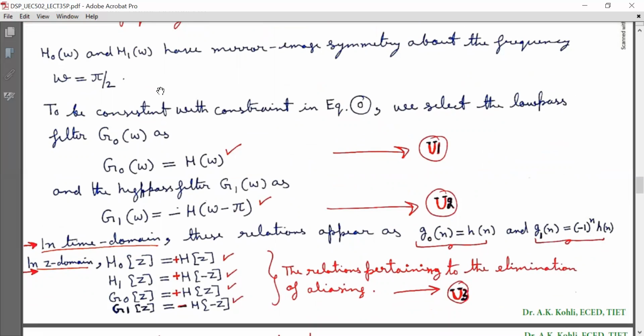To be consistent with the constraint in equation O, we select the low pass filter G0(ω) as G0(ω) is equal to H(ω), mark it as equation U1, and the high pass filter G1(ω) as G1(ω) is equal to minus H(ω − π), mark it as equation U2. In time domain, these relations appear as g0[n] is equal to h[n] and g1[n] is equal to minus 1 raised to power n h[n]. This is very simple to show.